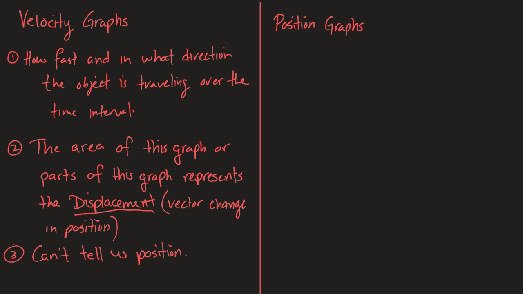It tells us where the object goes, but it never tells us where it is. And that's because it can't tell us where the object began. It doesn't give us information about the origin or the starting position. So it tells you how much its position changed, tells you how fast it did those things, but it never tells you where the object is. For that, you need a position graph.